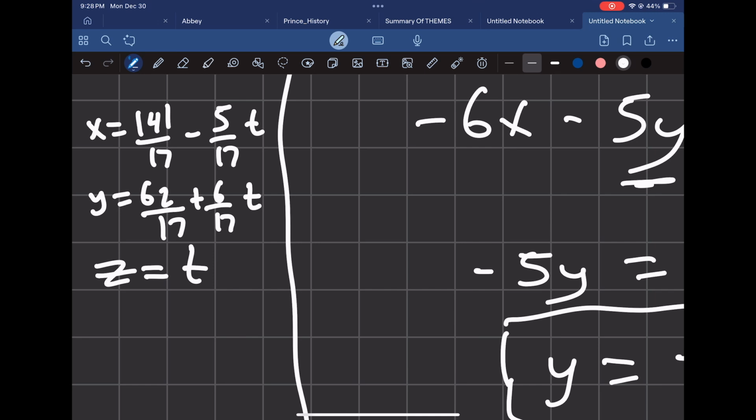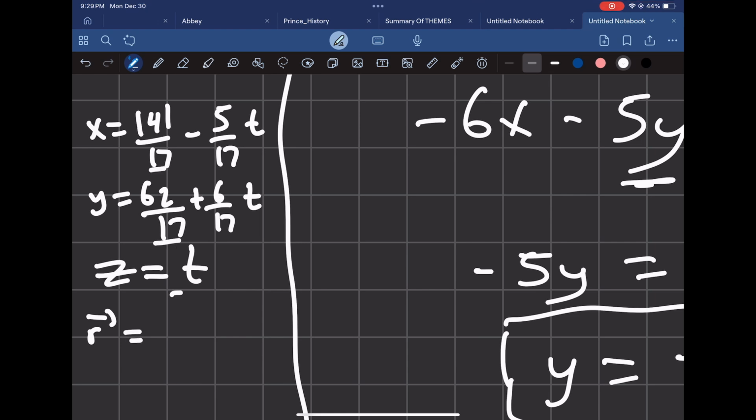So now if we wanted to rewrite this into its vector equation, so we can properly visualize in 3D what that might look like, we can simply take the x, y, and z values of each variable.